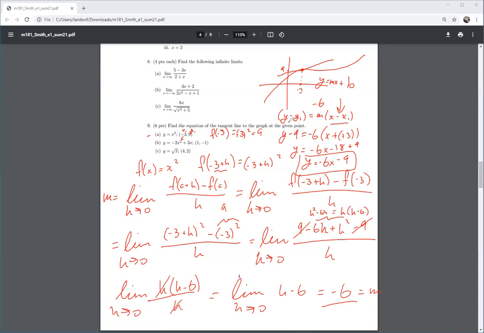I think this is the point-slope equation of a line. And yeah, I think we plugged in everything correctly. So this is minus 9, including this minus here. And then we end up adding it to the other side, so we get a plus 9.